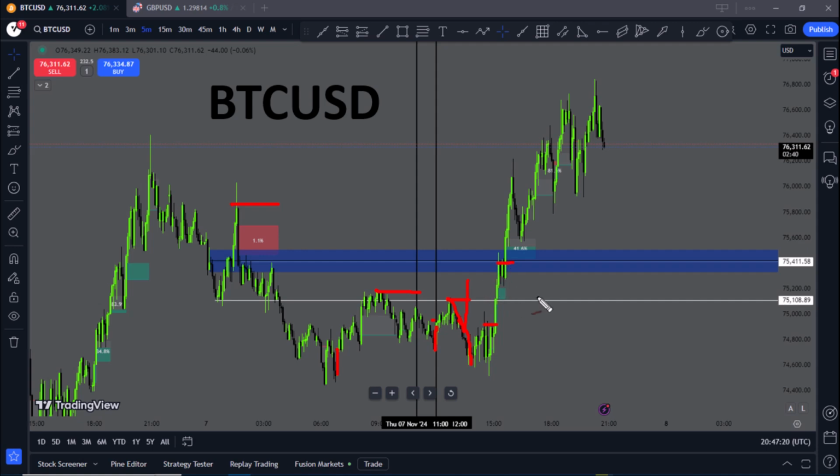Or if you were not sure, you could also have gotten into the trade at this level right here. So remember, always put your trades at levels that you know are secured. Me, for instance, most of my trades are on a fair value gap. So when price is pulling into a fair value gap, I enter into a trade, except if I'm using the short bar strategy, which is, for instance, this move right here.